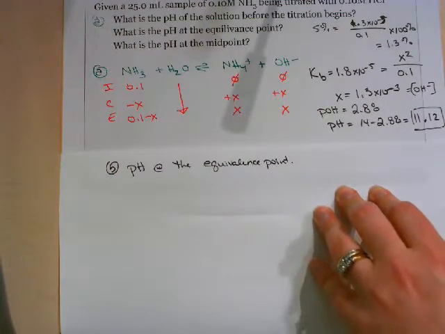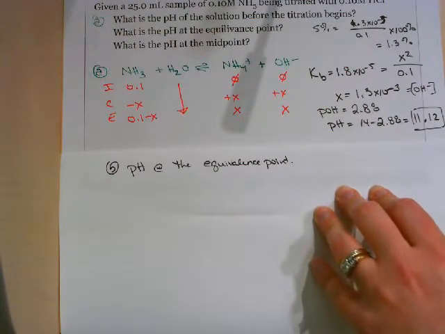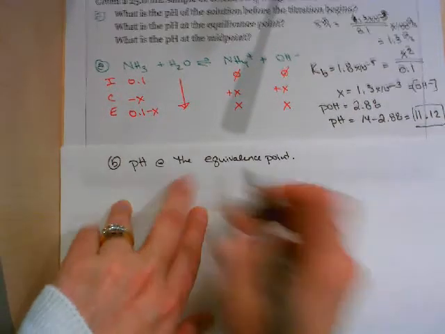Alright. What is chemically true at the equivalence point? Yep, moles of conjugate acid equal moles of conjugate base. Okay.